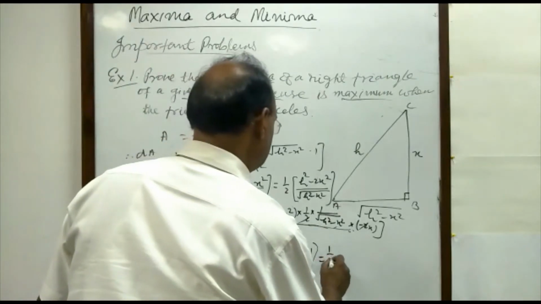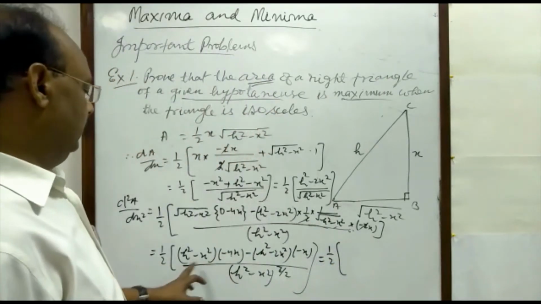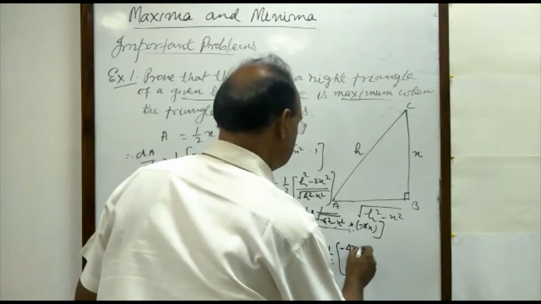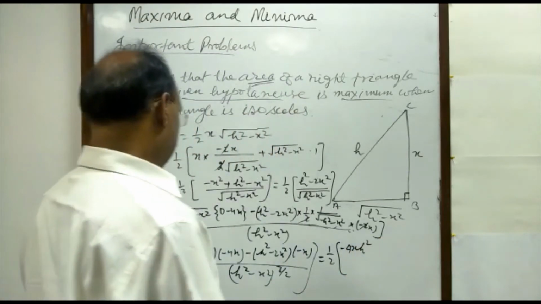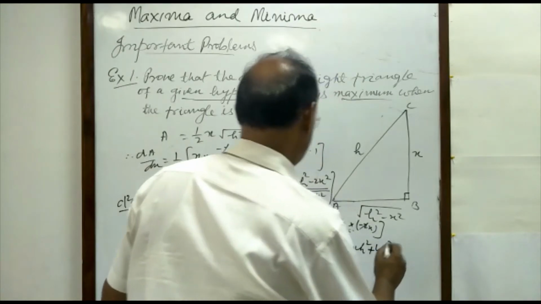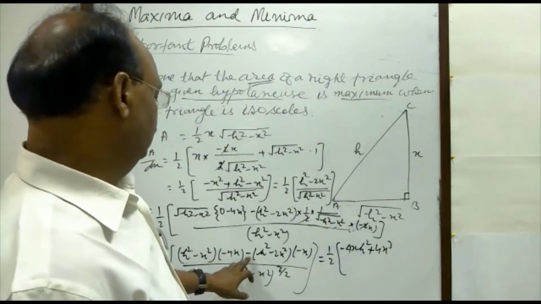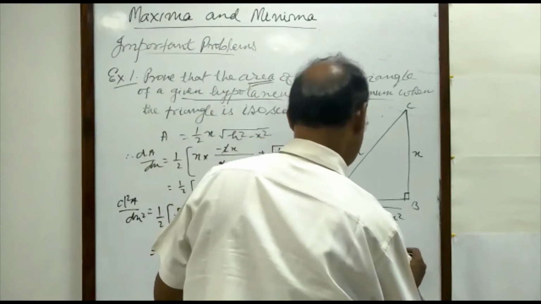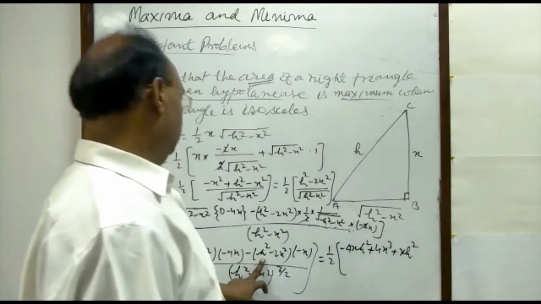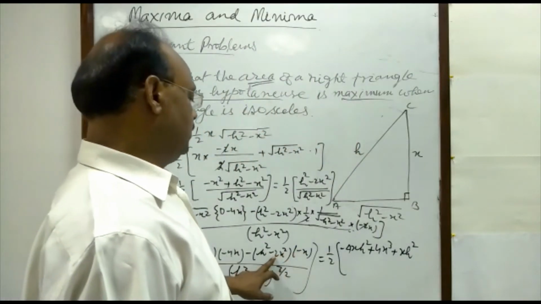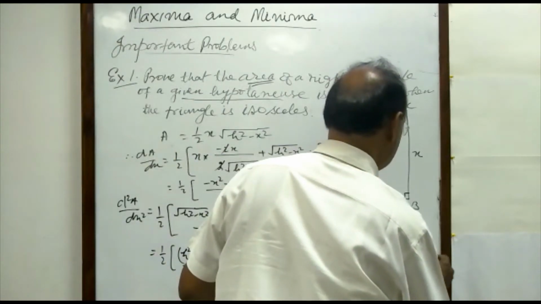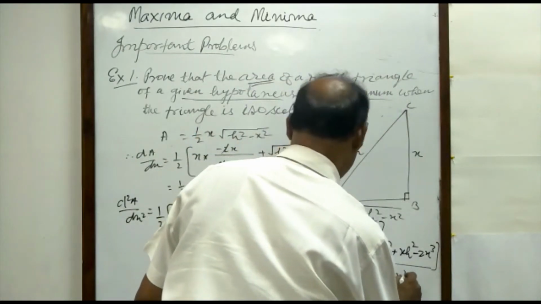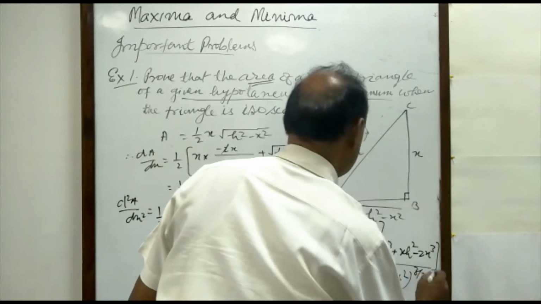Further we can write this as half, simplify it: minus 4x h square plus 4x cube, and this minus into minus becomes plus x h square, and it becomes minus 2x cube, divided by h square minus x square whole to the power 3 by 2.